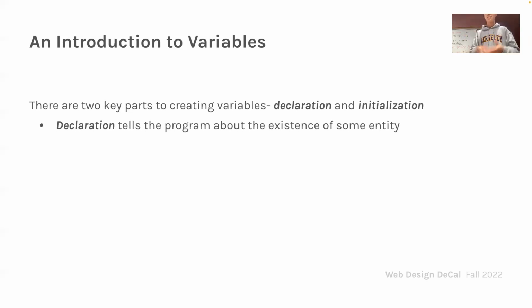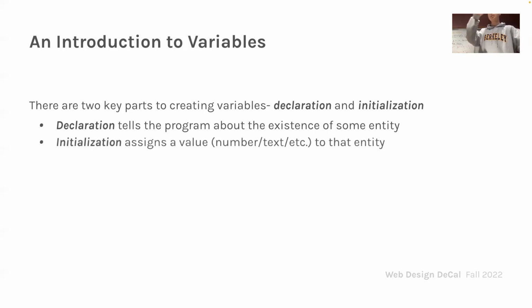We're just saying, hey, there's going to be a variable. You haven't told it what data it stores or what value that is. You're just saying there exists some variable. Initialization is the second part, and that assigns a value to it. That can be a number or some text, and it'll assign it to that corresponding entity.